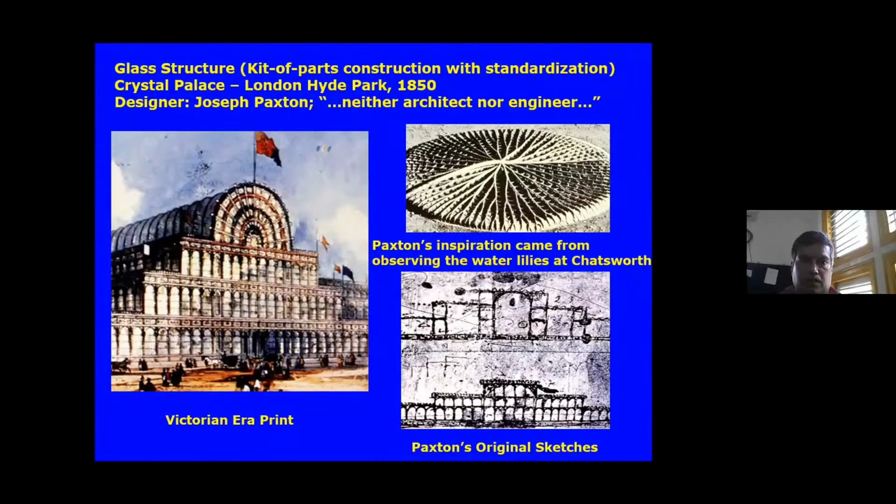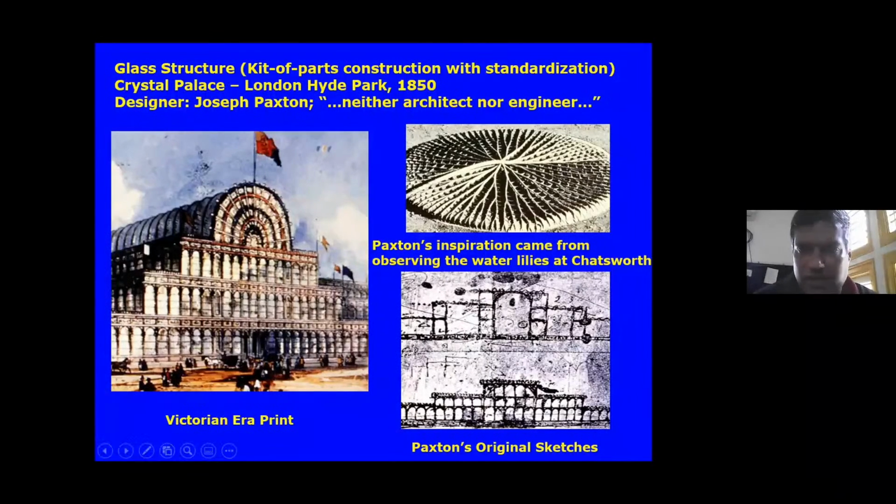The designer was not called an architect, because his name is Joseph Paxton. He was neither an architect nor an engineer. In fact, he was a horticulturalist, and his inspiration, this is the key thing, to design this building was a water lily he found in one of his ponds.